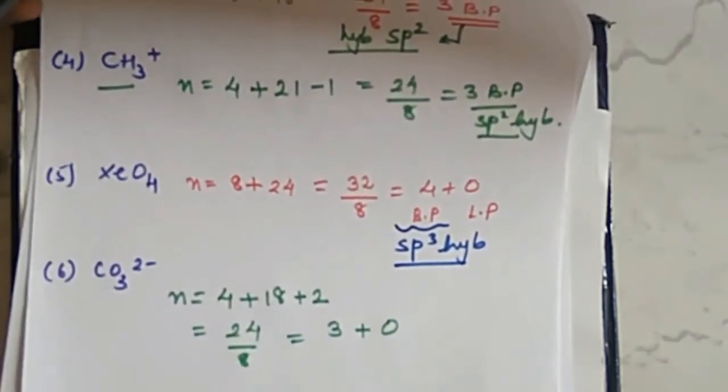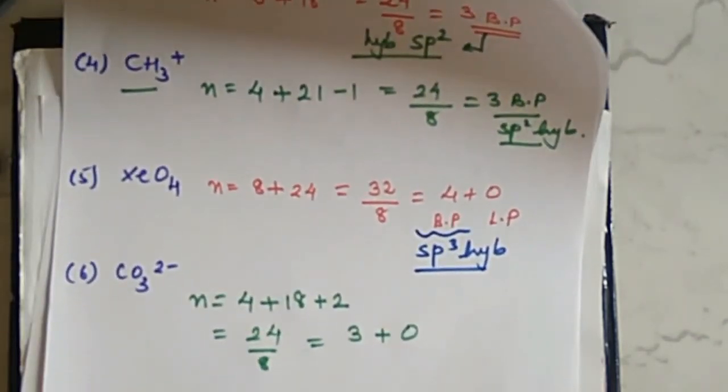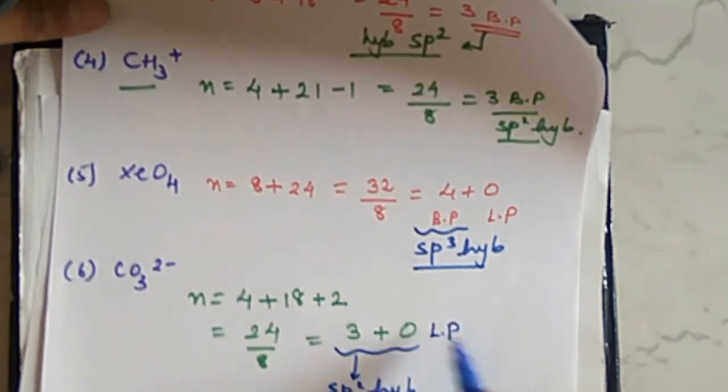CO3 minus 2 has sp2 hybridization, and geometry is a regular one because no lone pairs are present. So we can take a number of examples and we can use any of the methods. If you want, we can use both the methods.